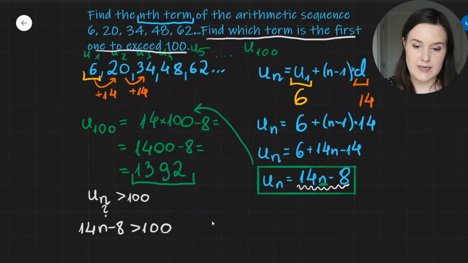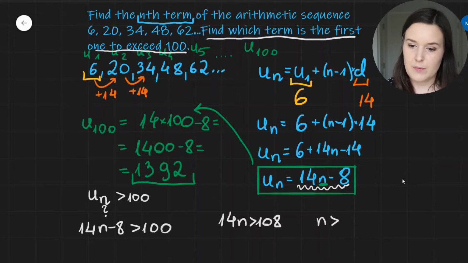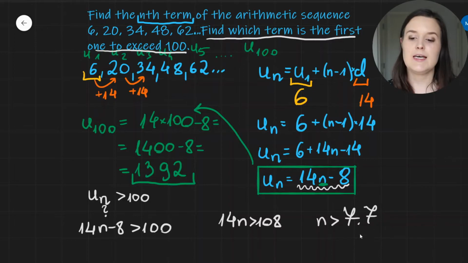So that means that 14n is bigger than 108. So n has to be bigger than 108 divided by 14, which is 7.7 approximately. So the one after the seventh one, which is the 8th.